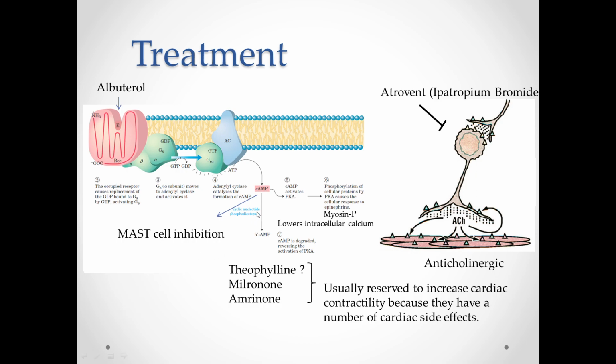Then cyclic AMP is broken down by phosphodiesterase into 5' AMP and degraded. So as long as this 3',5' cyclic AMP is bioavailable in the cell, both the mast cell inhibition and the inhibition of smooth muscle cell contraction occur.